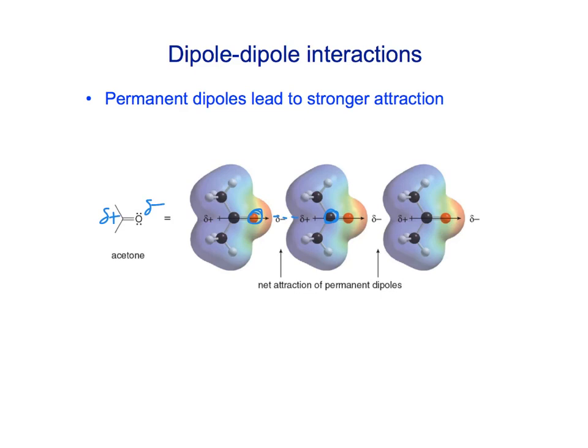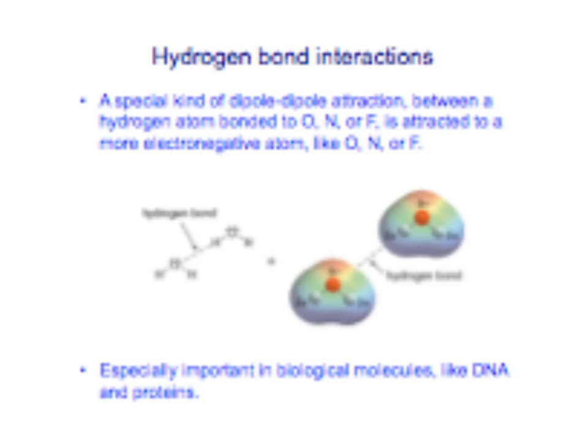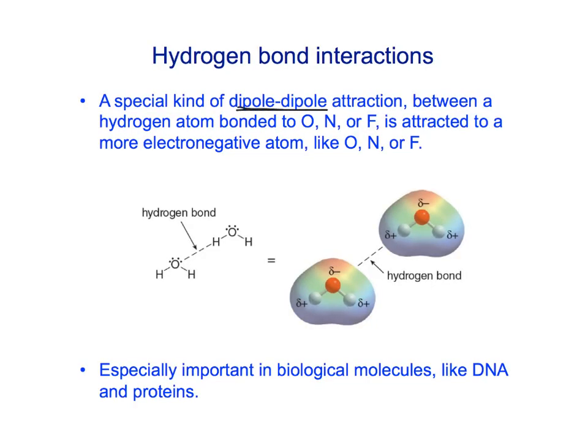The final type of intermolecular force to concentrate on are the hydrogen bond interactions. And so like I said before, hydrogen bond interactions are really just a special dipole-dipole type of interaction because we're looking at permanent dipoles, but this type of interaction is only present in certain situations with certain functional groups.